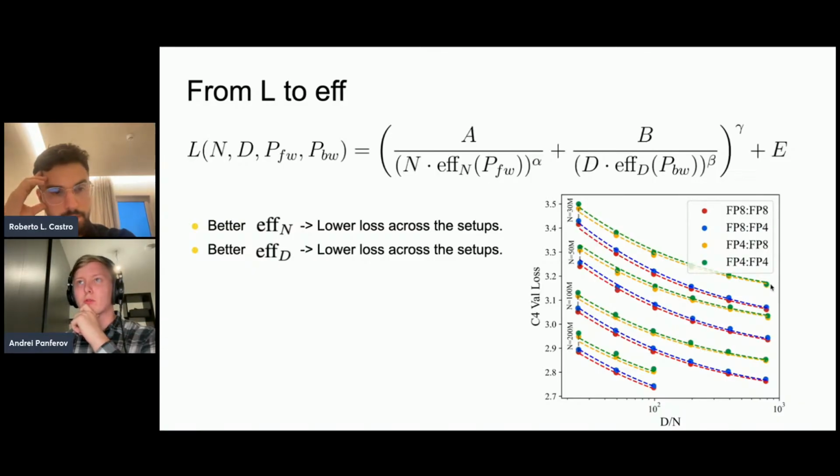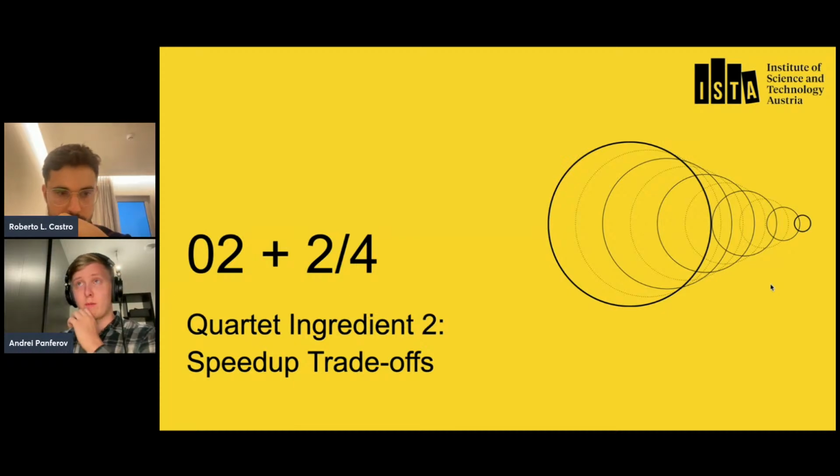From the form of this scaling law, we can compare different methods by simply comparing the effectiveness factors, meaning that if one method has both a better forward effectiveness factor and backward effectiveness factor, that is, the parameter count multiplier and the data amount multiplier are higher for this method, then this method would produce lower loss across the setups, and we could say that it's better in terms of quality. But again, it's not only about quality, it's also about the speedups.